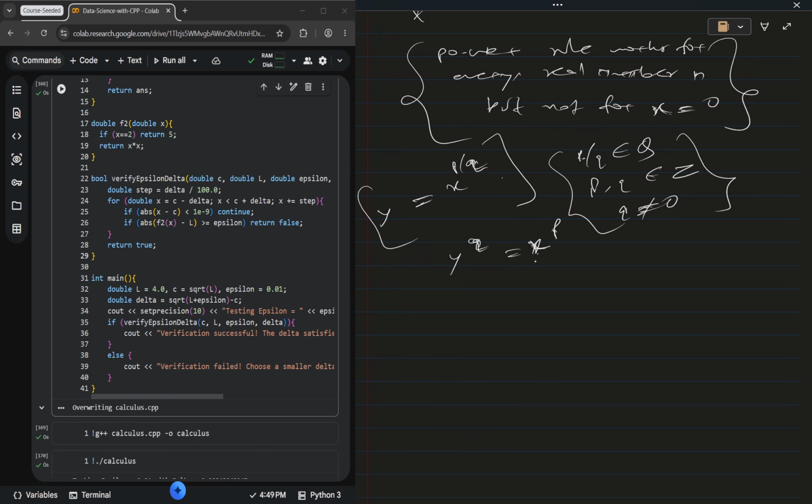Then by the chain rule you can write q times y to the power q minus 1 times dy by dx equals the derivative of x to the power p, which will be p times x to the power p minus 1.